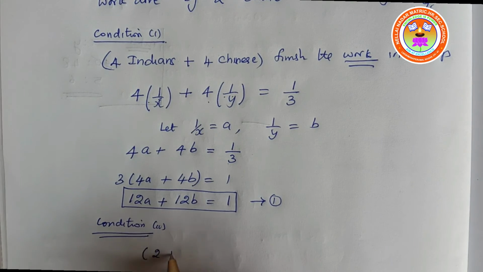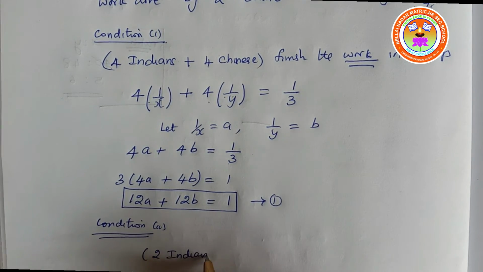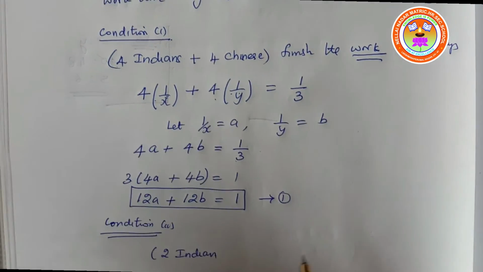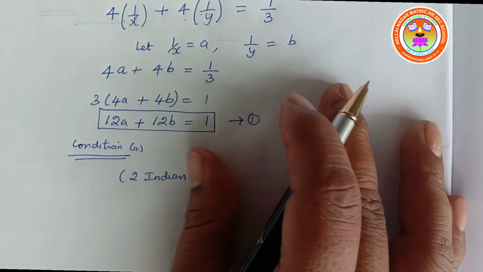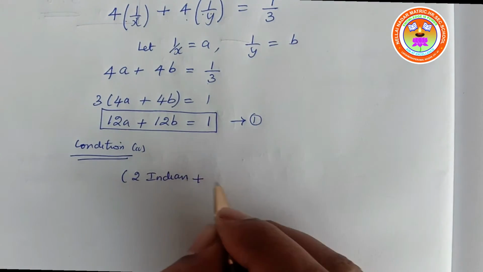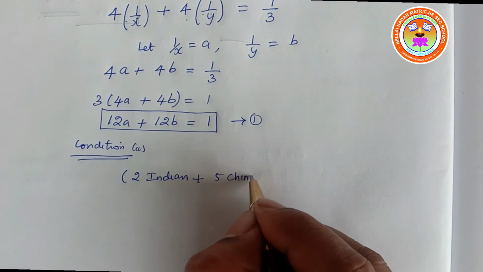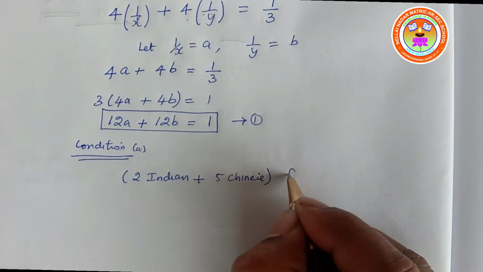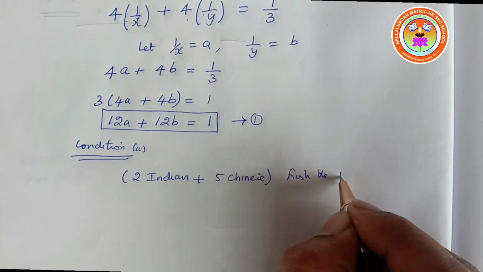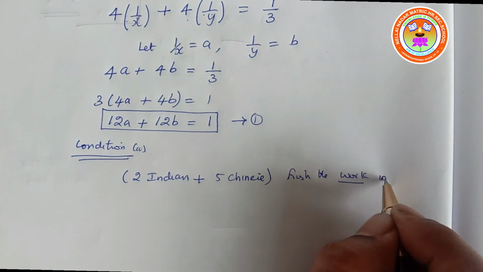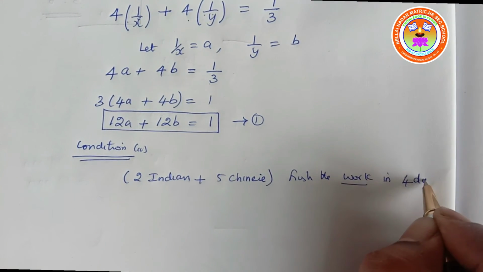So 2 Indians plus 5 Chinese finish the work in how many days? Yes, it is 4 days.